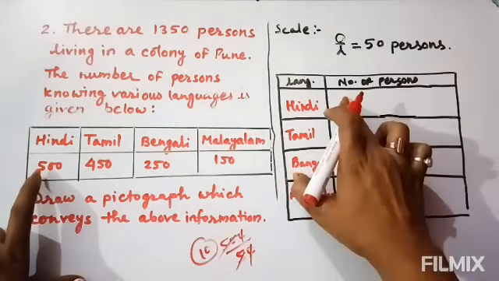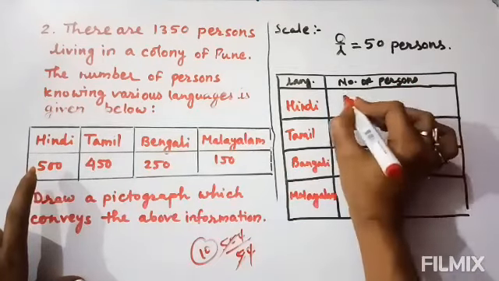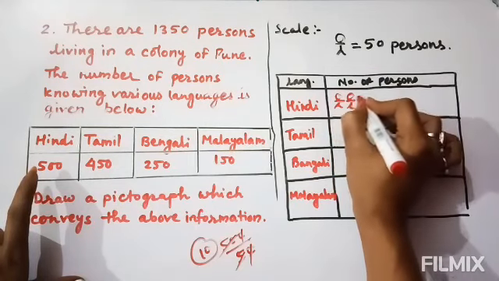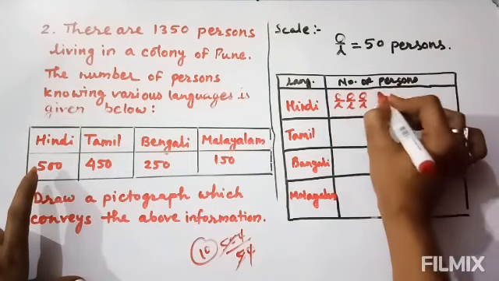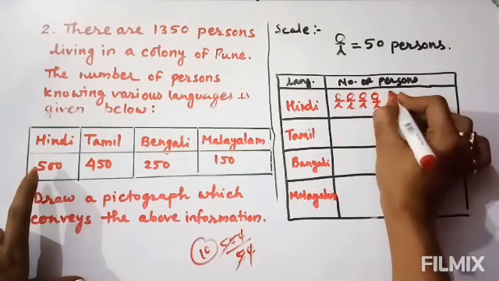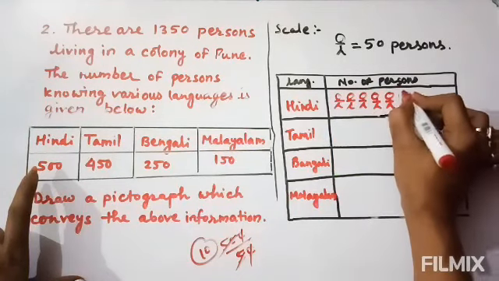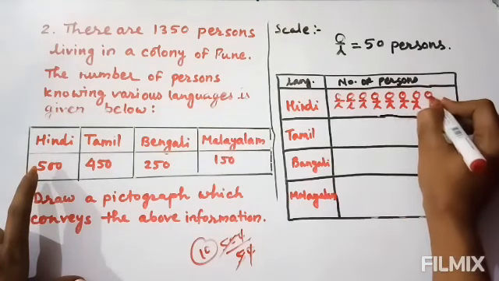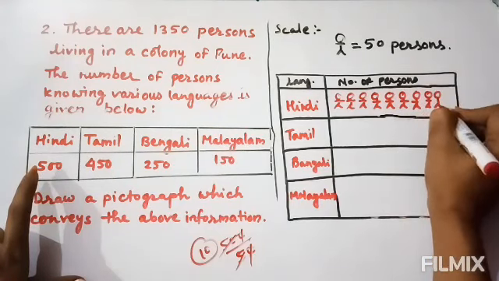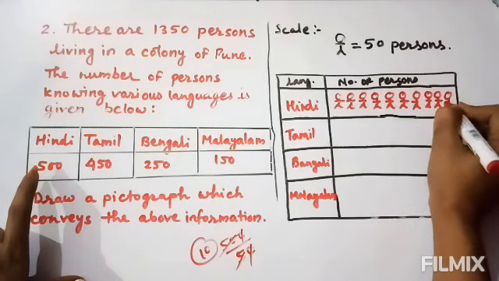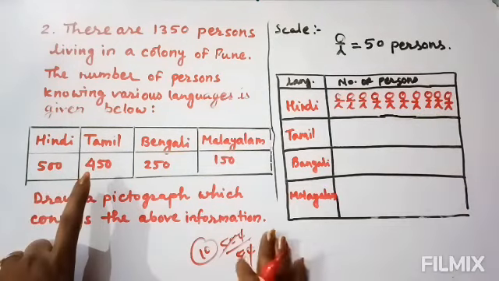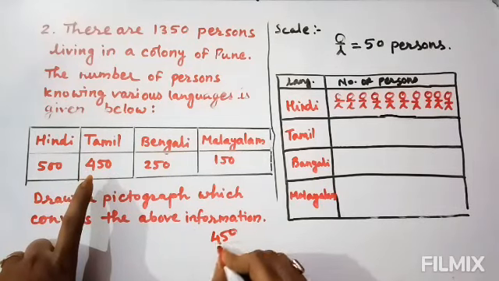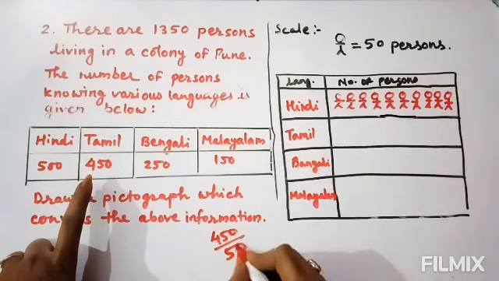It means we need to draw 10 pictures in this column: 1, 2, 3, 4, 5, 6, 7, 8, 9 and 10.